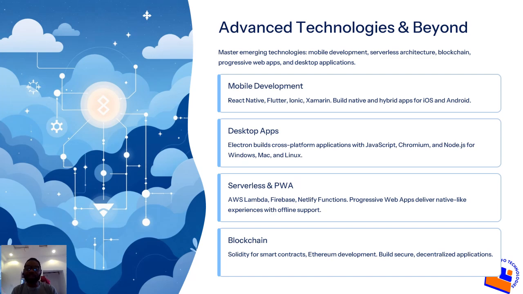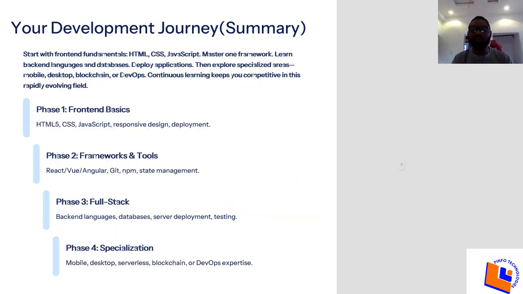Then we have AWS Lambda, Firebase, Netlify Functions, and progressive web apps that deliver native-like experiences with offline support. Then we have blockchain, with Solidity for smart contracts and Ethereum development, to build secure decentralized websites for blockchain.